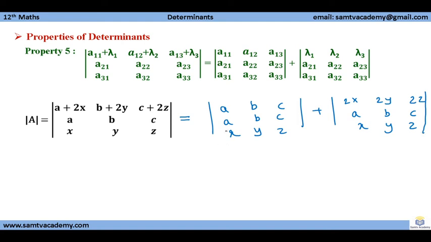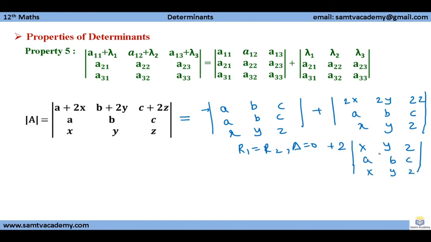Now we see that the 2 rows are equal here, r1 is equal to r2, so determinant is going to be 0 for this. And for this, if you take 2 common, it will come x y z, a b c, and x y z.